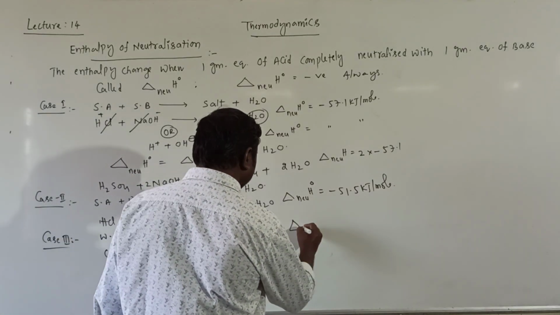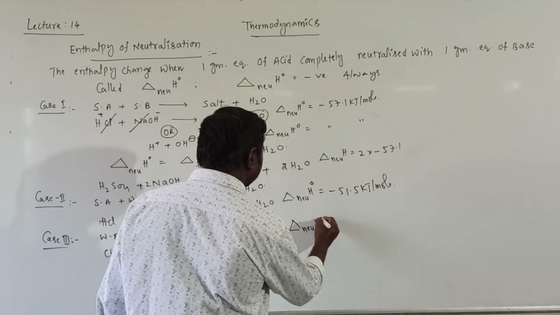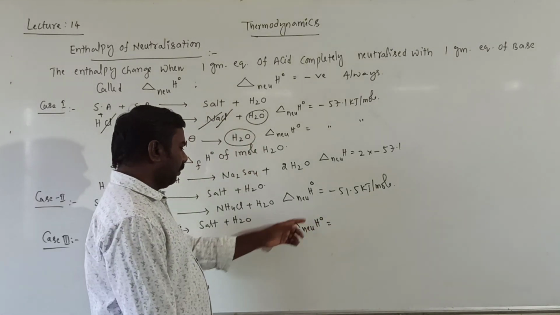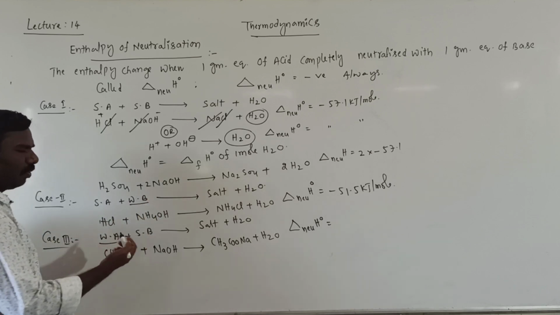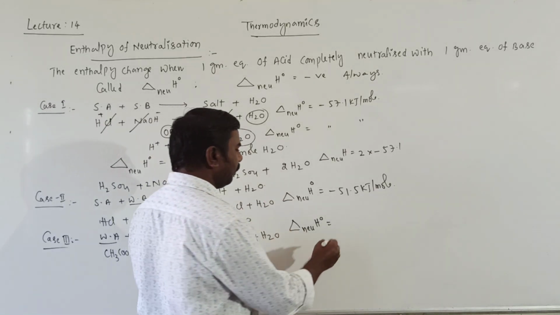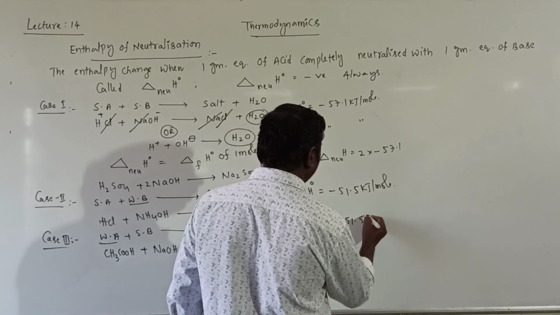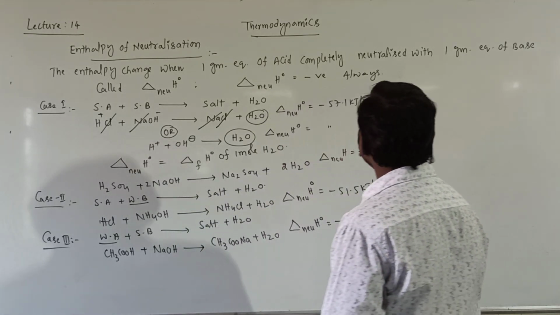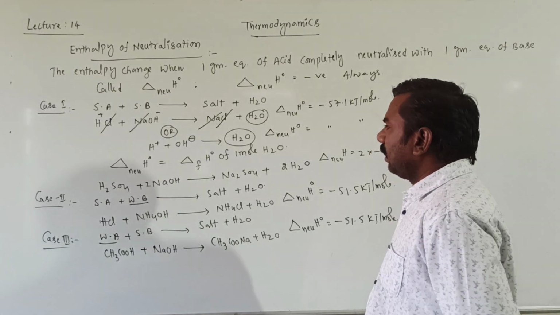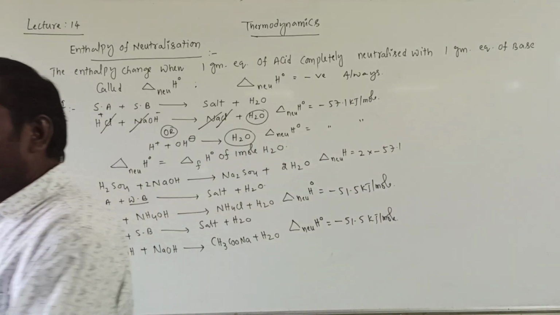For this reaction, the value is the same as the above one: one weak here, also one weak. The value will be 51.5 kilojoules per mole. Right?